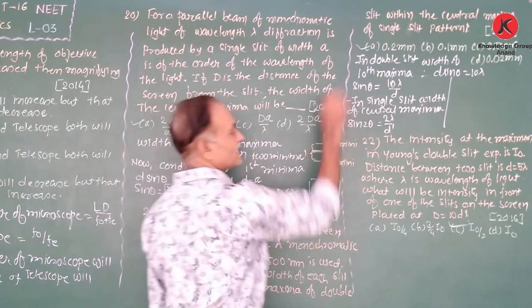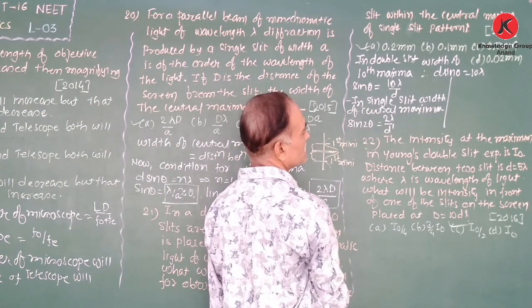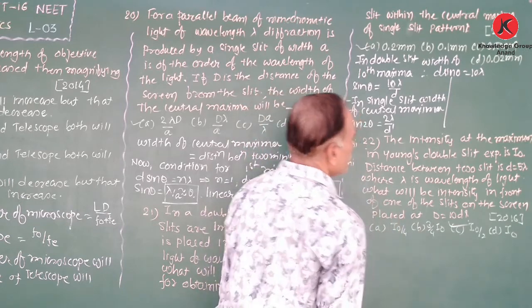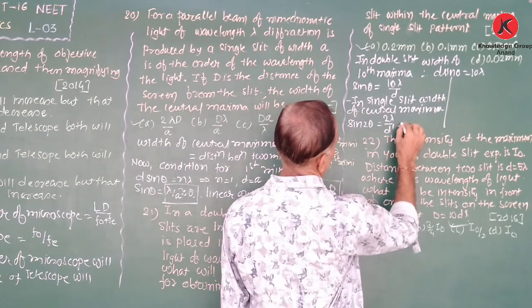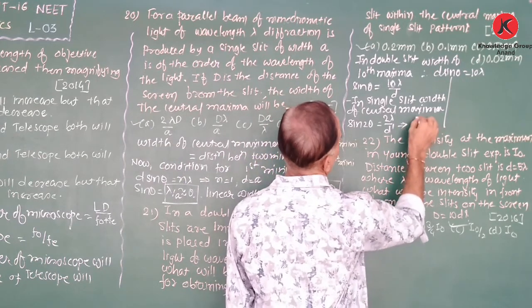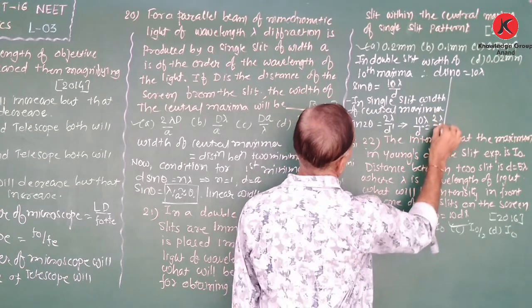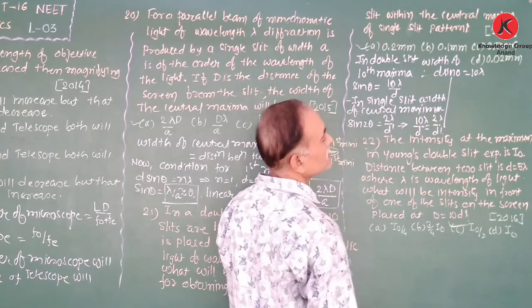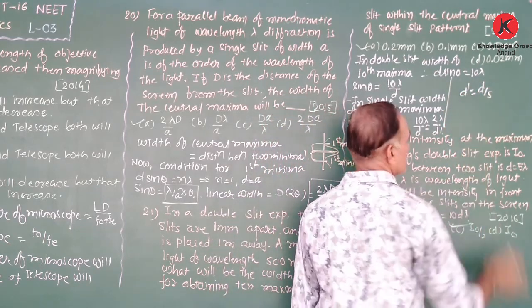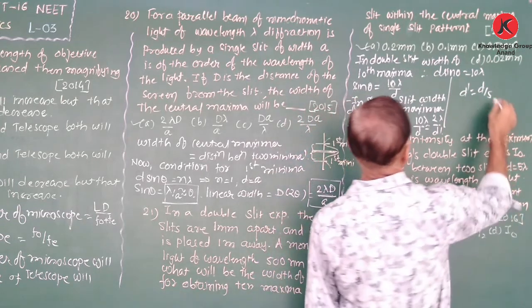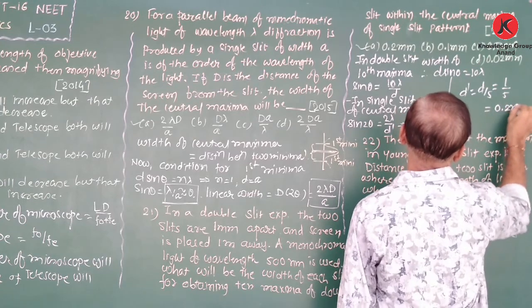But sin theta is equal to this. Therefore, 10 lambda upon d is equal to 2 lambda upon d dash. Therefore, d dash is equal to d by 5. d is given 1 millimeter, so 1 upon 5, it means 0.2 millimeter.